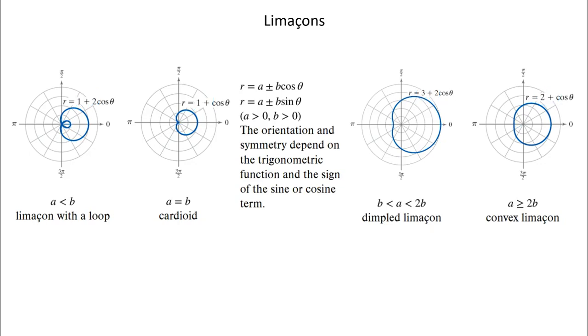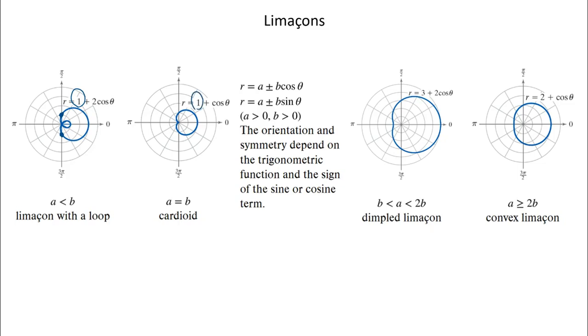And then the last thing I want us to notice is this. This constant here of 1, look where my graph intercepts the y-axis, if you will. It intercepts it at 1 unit away from the pole on the top side of the graph and the bottom side of the graph.